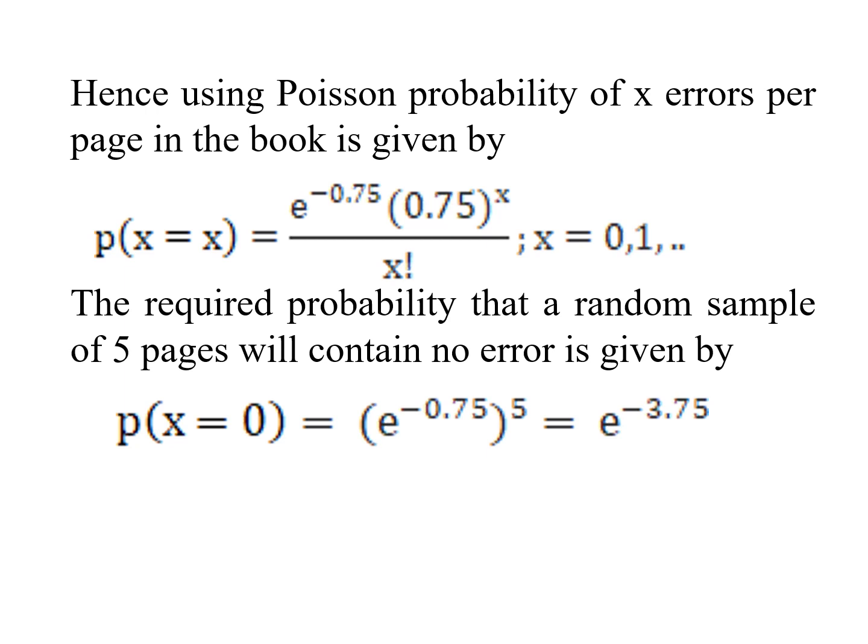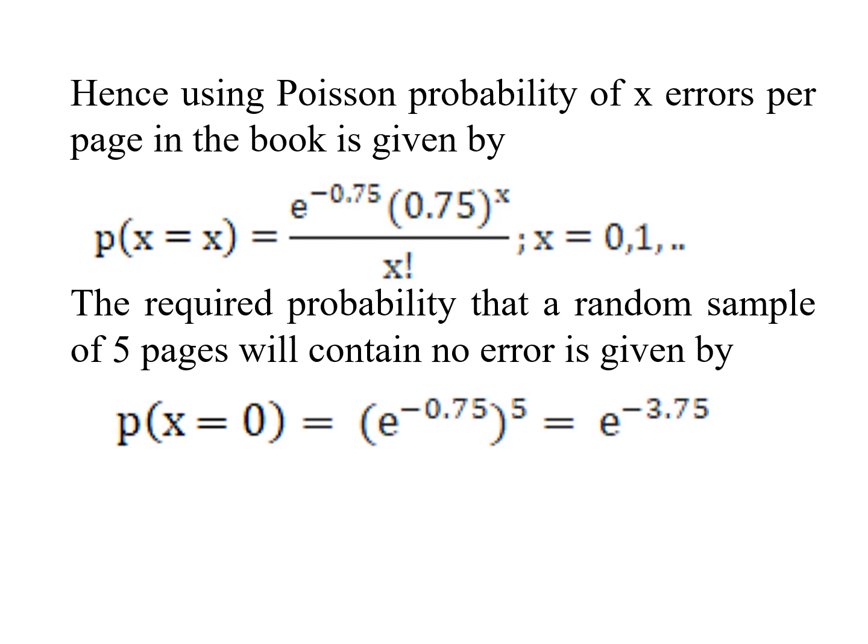Here we already found the lambda value is 0.75. Now substitute the values in the formula: e power minus 0.75 into 0.75 power x divided by x factorial. In the problem, the question is the probability that 5 pages will contain no error.